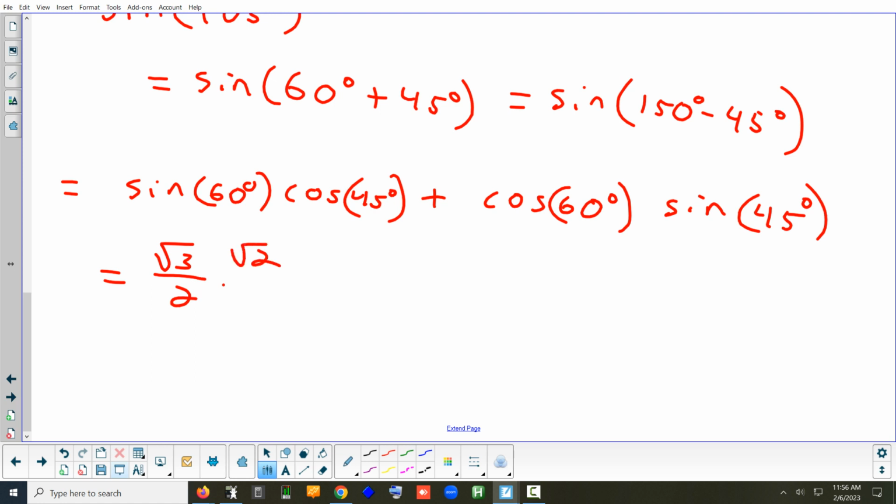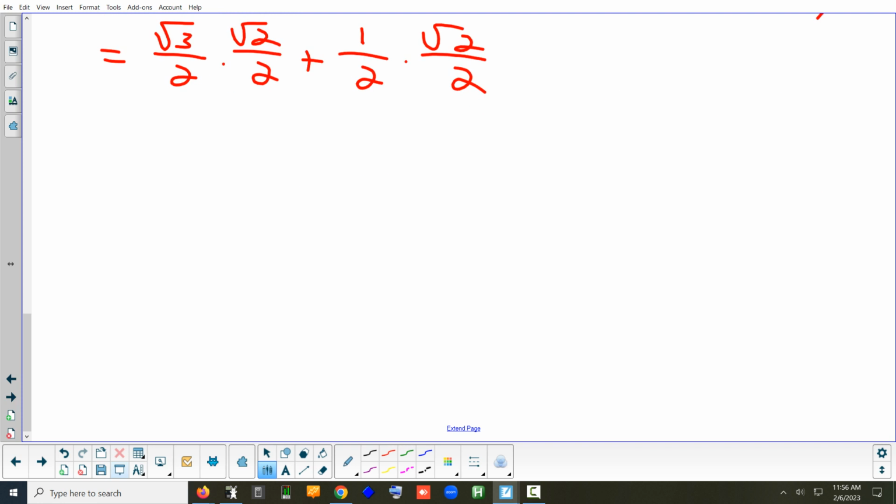Root 2 over 2. Yep, so just that quick is good. What's the cosine of 60? 1/2. And the sine of 45? Root 2 over 2. Okay, what do you get when you put all that together? Square root 6 plus square root 2 over 4.